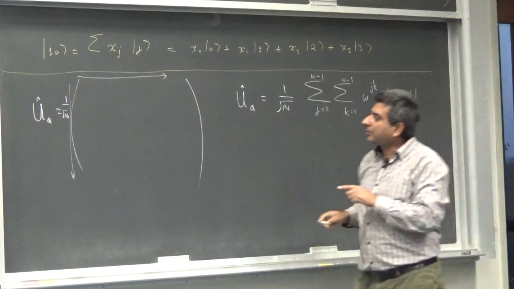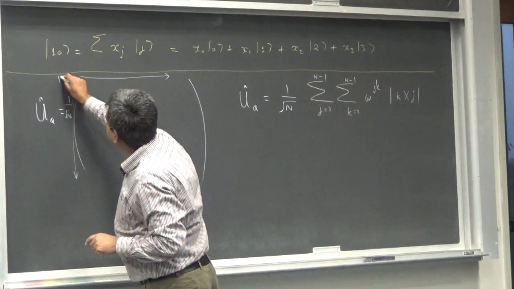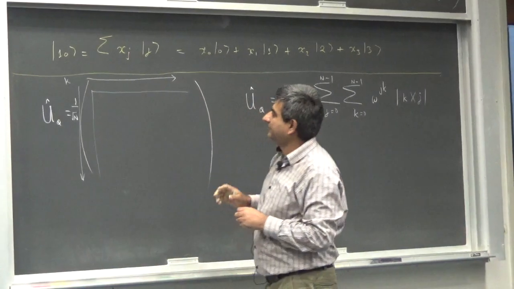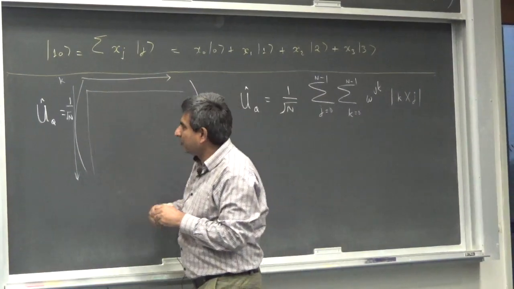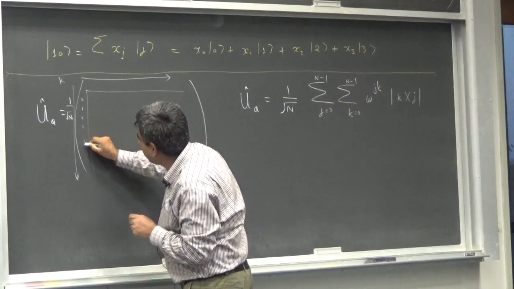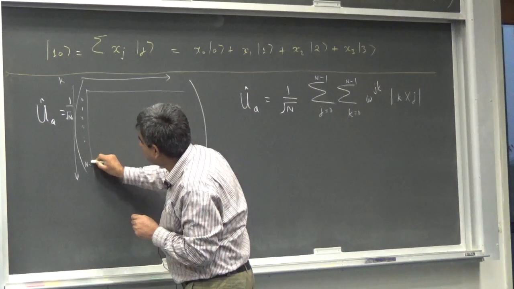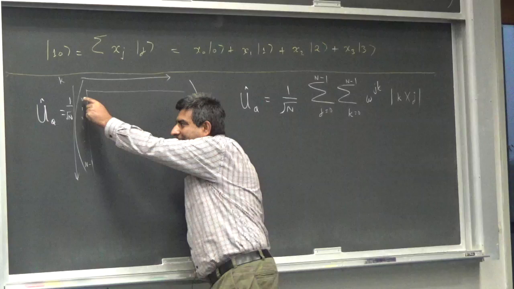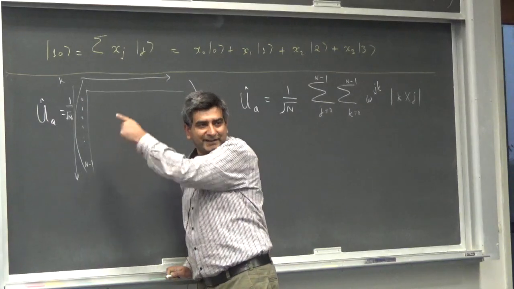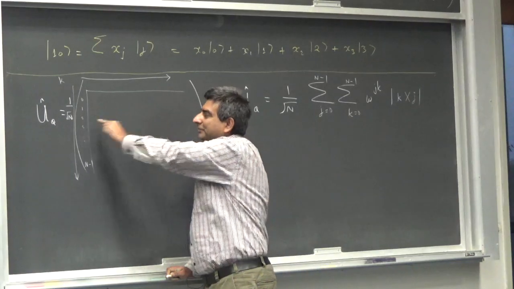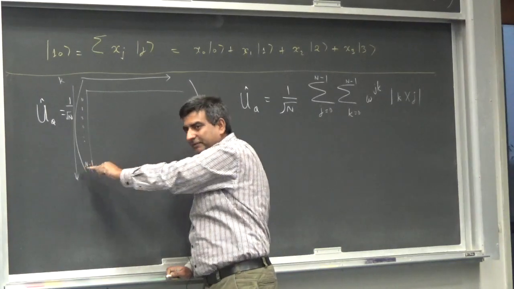Alright. So the rows are represented by the k's. The k's represent the rows and k goes from 0, 1, 2, 3 all the way up to n minus 1. These labels are not a part of the matrix, these are just identifiers. So this is the 0th row, the 1st row, the 2nd row, the 3rd row, the n minus 1th row.